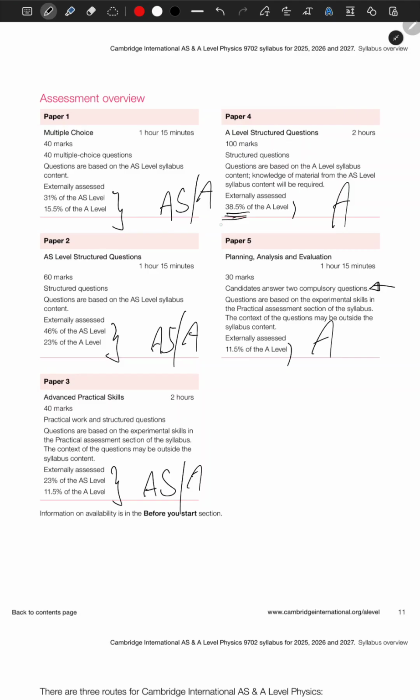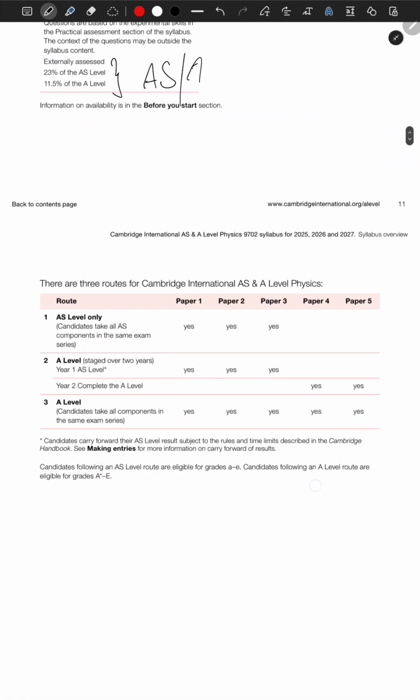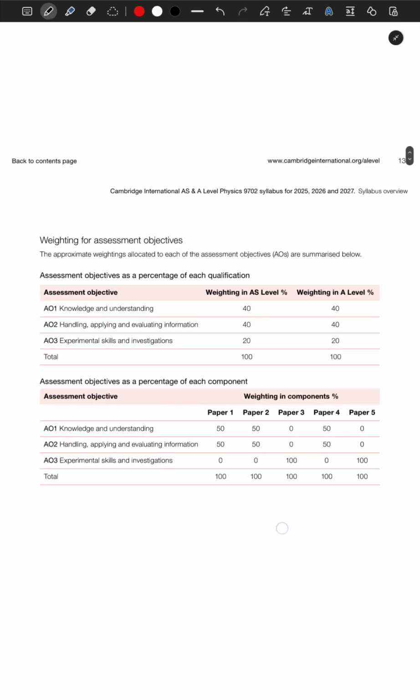It weighs more than the other 4 papers. For AS students, paper 2 is 46%, which is more than the other 2 papers, and you need to score most of the marks in paper 2. So let's see other things you need to know.